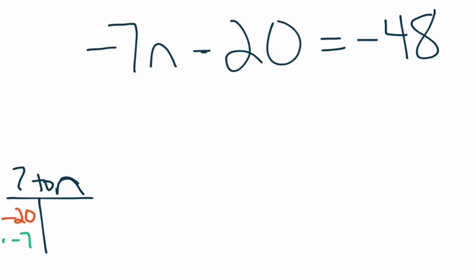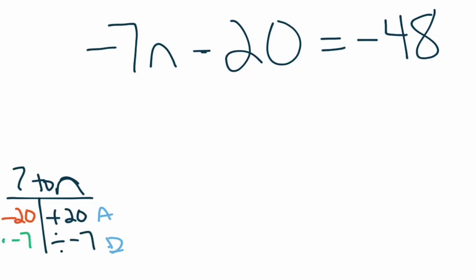The opposite of subtracting 20 is adding 20. And the opposite of multiplying by negative 7 is dividing by negative 7. So we're definitely going to be adding 20, so that's an A for addition. And we're definitely going to be dividing by negative 7, so that's a D for division.